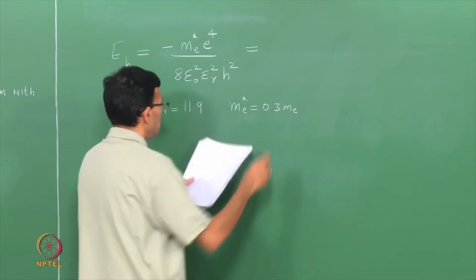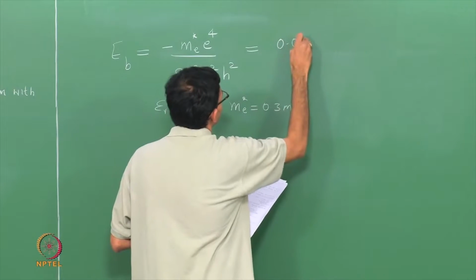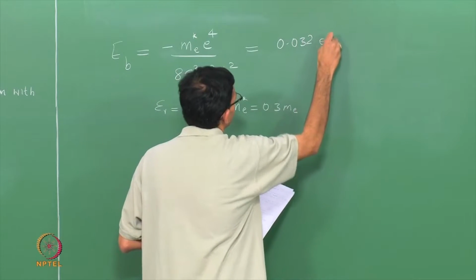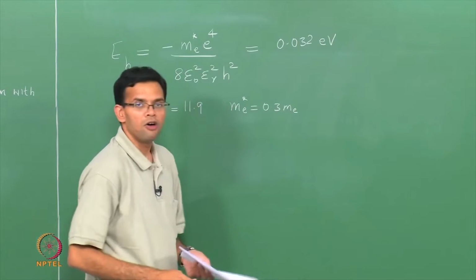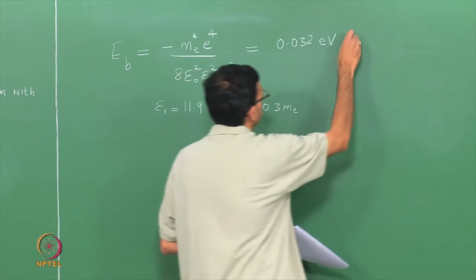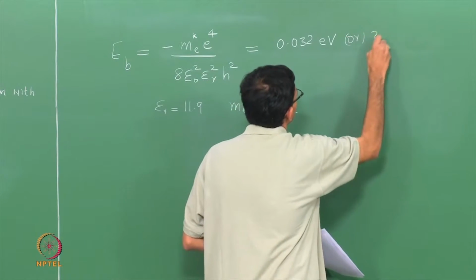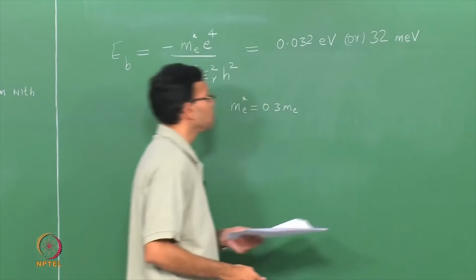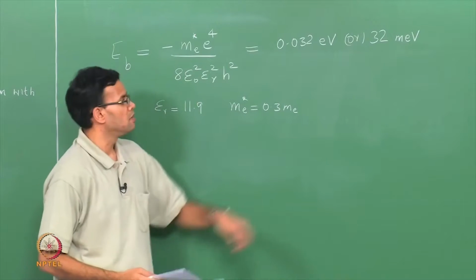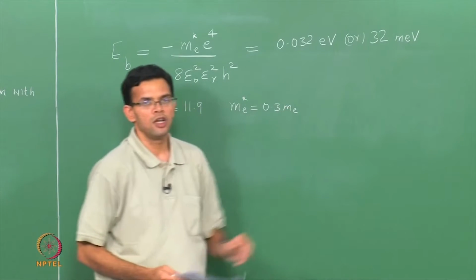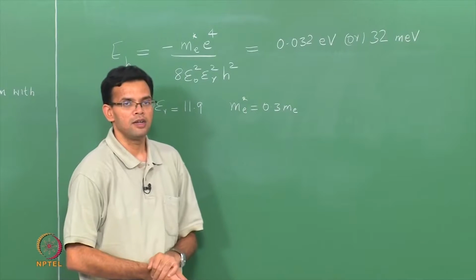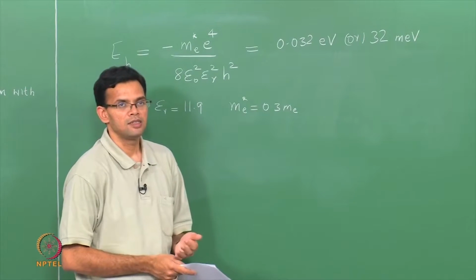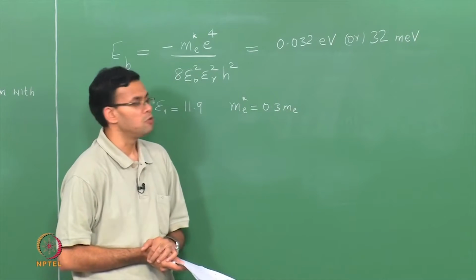This gives us an answer of 0.032 electron volts, or if you write this in milli electron volts, it is 32 milli electron volts. So, this energy, 32 milli electron volts, is the energy that is required in order to ionize that extra electron to the conduction band.